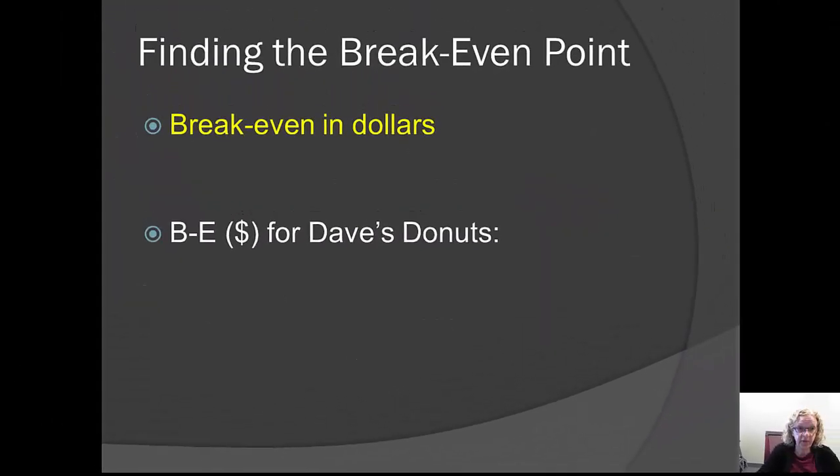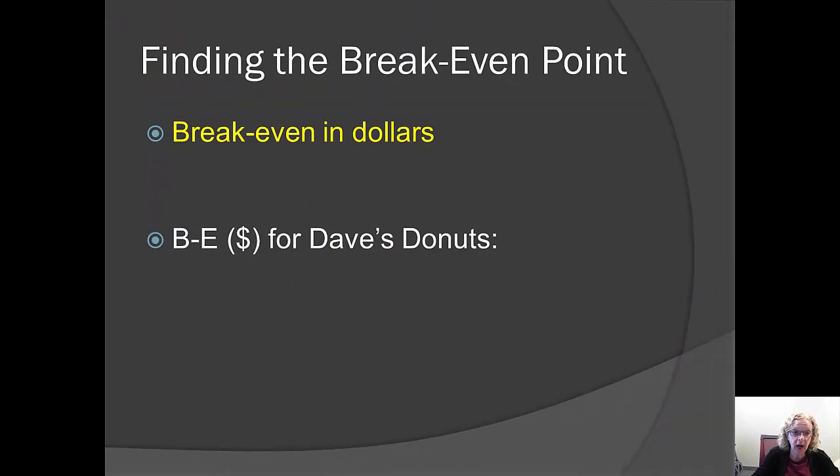Now let's see if we can find break even not in units but in dollars of sales revenue. Marketing people tend to like this understanding of break even better because they think of break even in terms of dollars of sales.